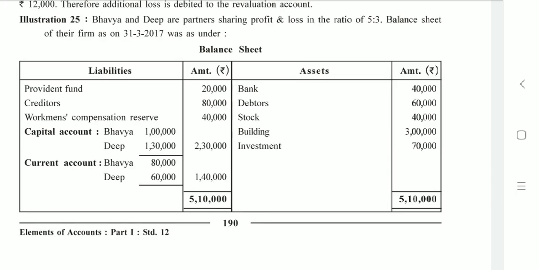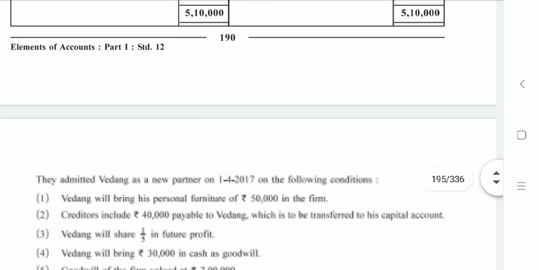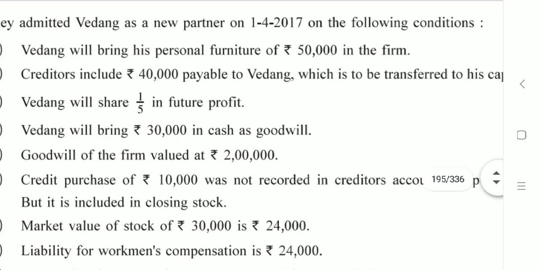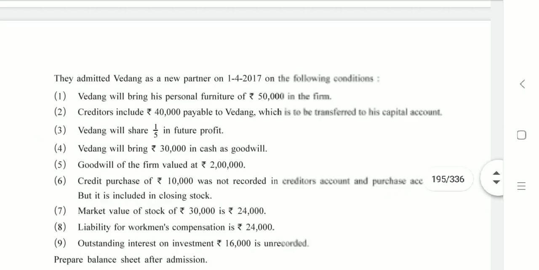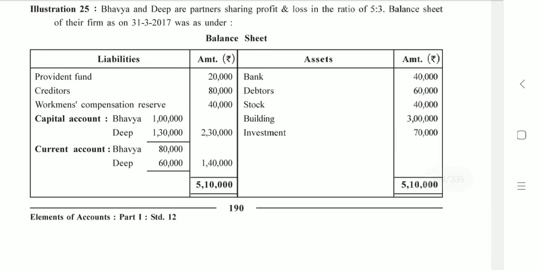I repeat, whenever old ratio of old partners is given, 5:3 it is here, and the share of new partner is given, in this situation, old ratio itself becomes sacrificing ratio.